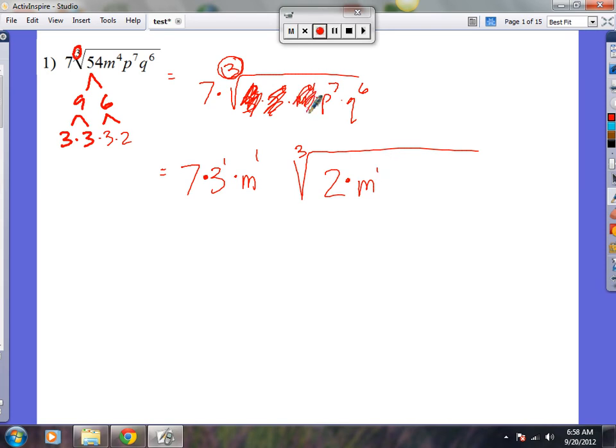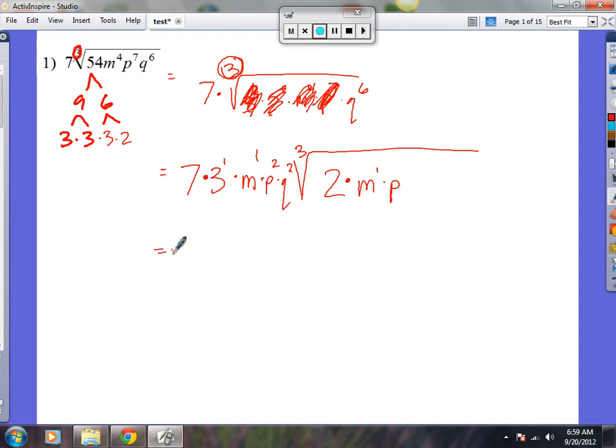P's, I've got 7 of them. I can pull out groups of 3. So how many groups of 3 are there in 7? There's 2 of them. So I'm going to pull out P squared. And 2 groups of 3 is 6, so that leaves me with 1 left over. And my Q's, 6 of them. Pull out groups of 3, I can only pull out exactly 2 with no leftovers.